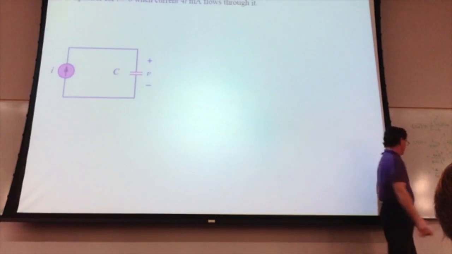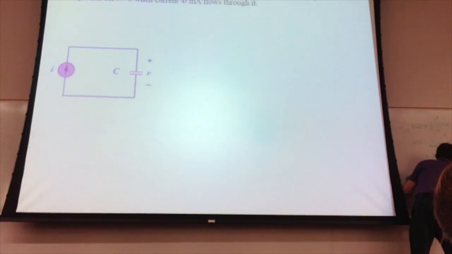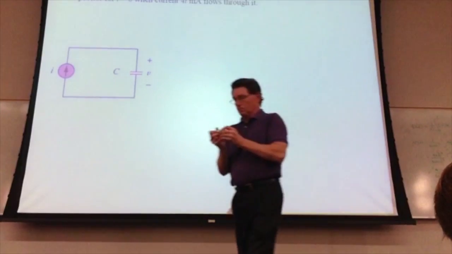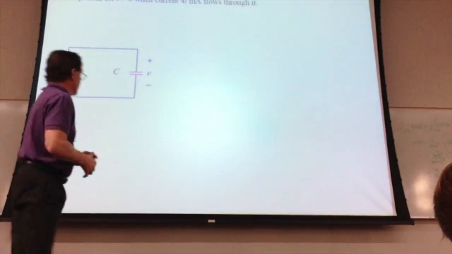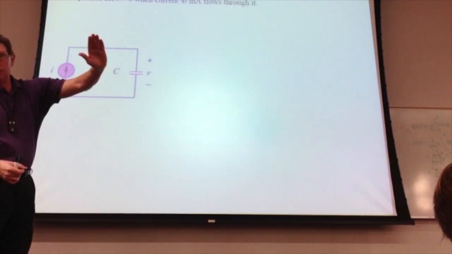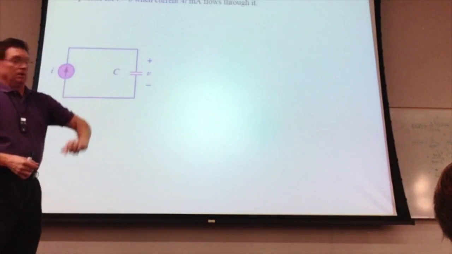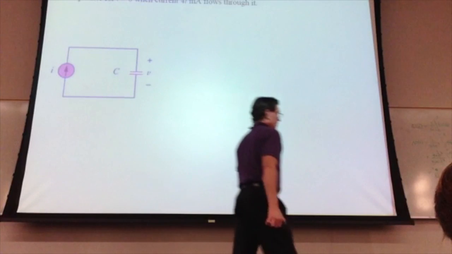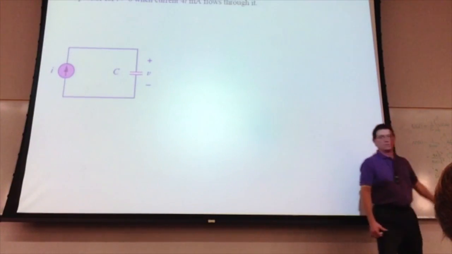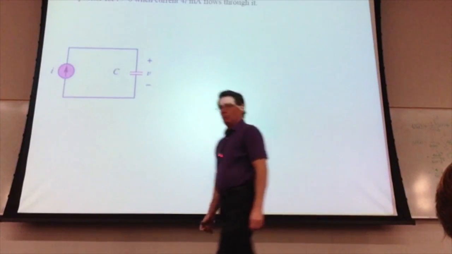That's what it is in the end. So that's v of t. Given the current through there, increasing current, linear, 4t, the voltage developed across that capacitor will be quadratic due to the integration, okay? It will be quadratic.